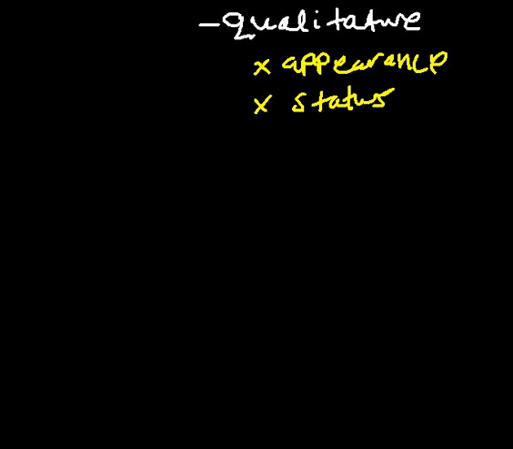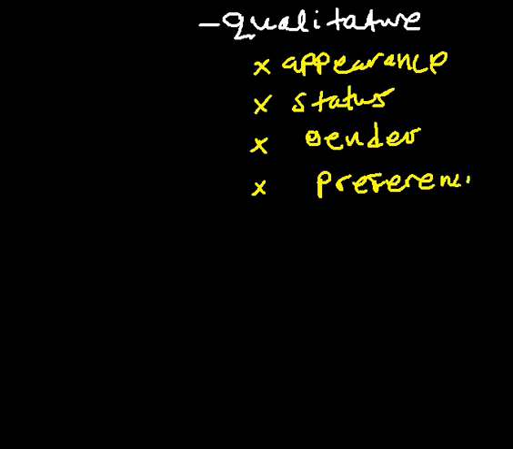And we also have the status in terms of a soil being fertile or infertile. That is also part of the status. We also have gender. That is another example of qualitative data. Then we also have preferences. So these are the examples of qualitative data you should get.